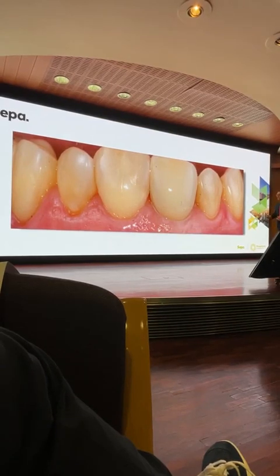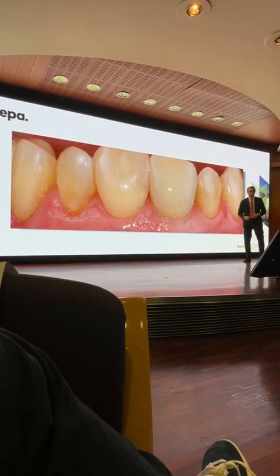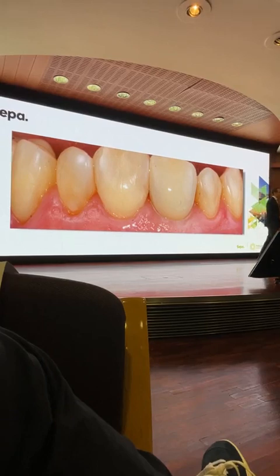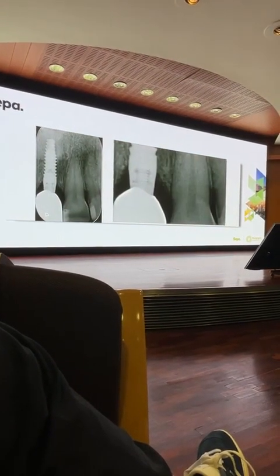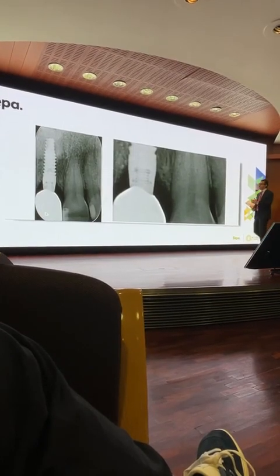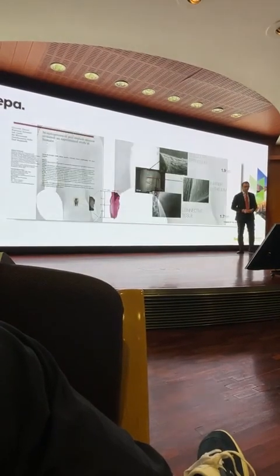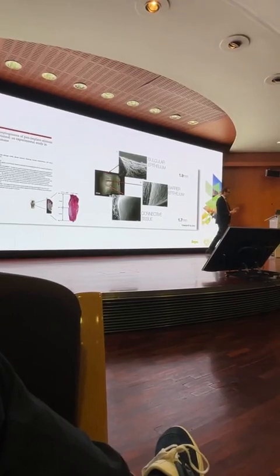And we like to see soft tissue around our implants that is very close to a natural appearance of the natural dentition, and what we want to see is also a stable bone around our implants. And this is a very important point.